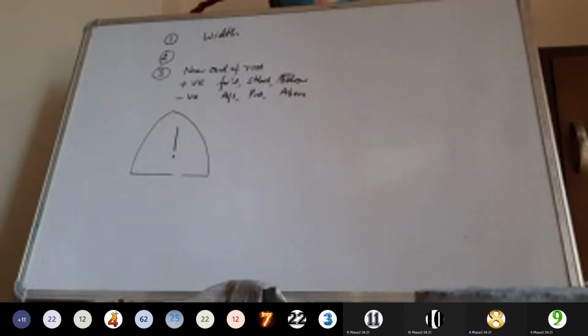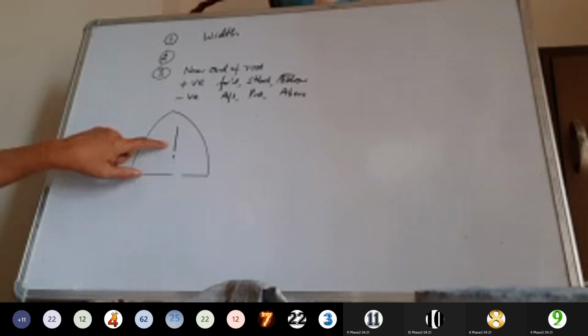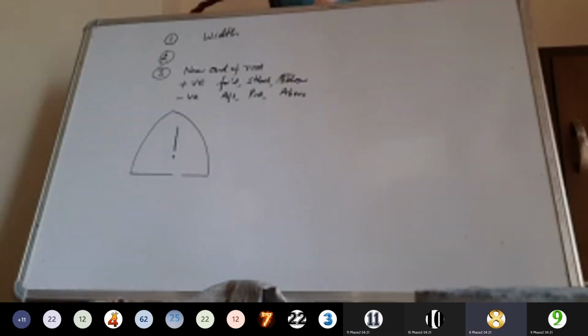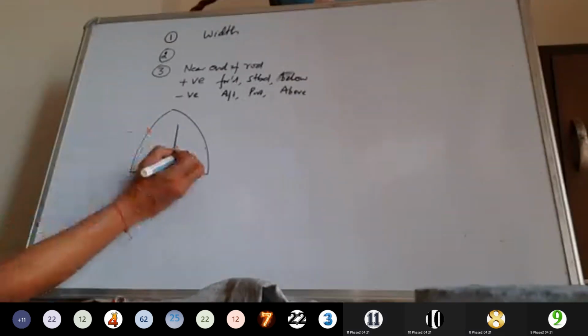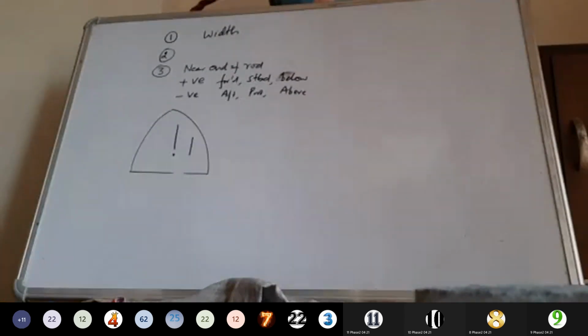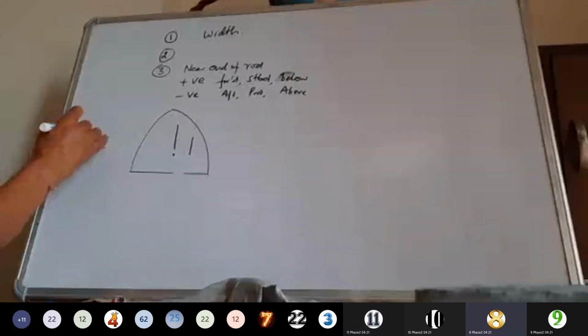If I say that one rod is like this, the near end is positive or negative? Positive.